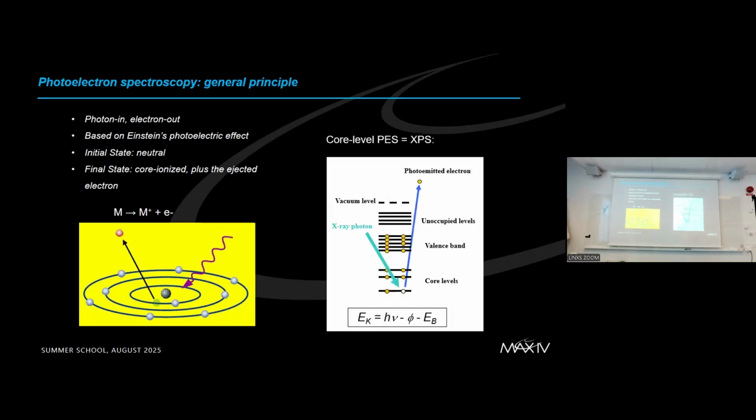So if you promote this core electron outside of the system, above the vacuum level, you can measure its kinetic energy. And if you know exactly the photon energy you're applying, and the work function for solids, then from the measured kinetic energy of the electron you find out the binding energy of the system before, in the ground state, before you excited the electron.